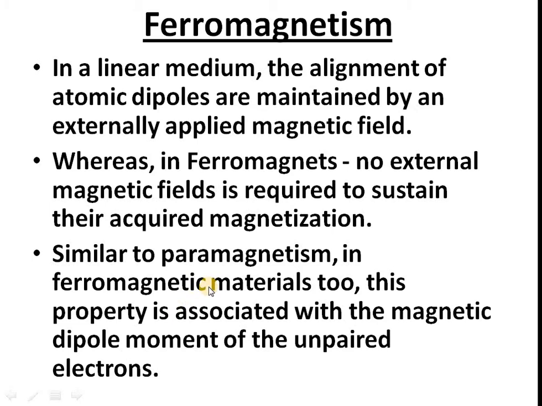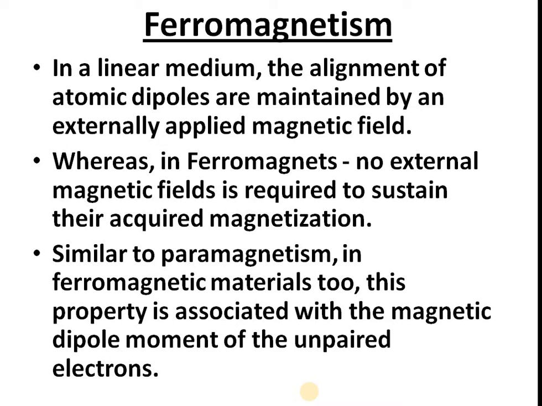But still, there are certain differences at the atomic and crystal level orientation. In paramagnetism, once the applied field is withdrawn, immediately all the micromagnets go into random fashion. But in a ferromagnetic material, the moment you withdraw the applied field, all micromagnets do not get into random motion.